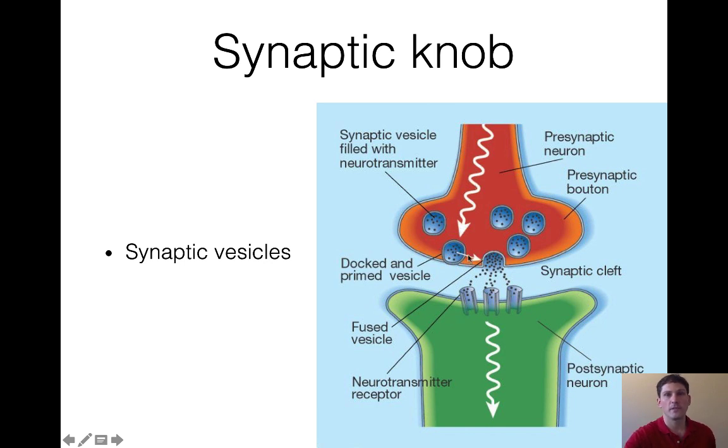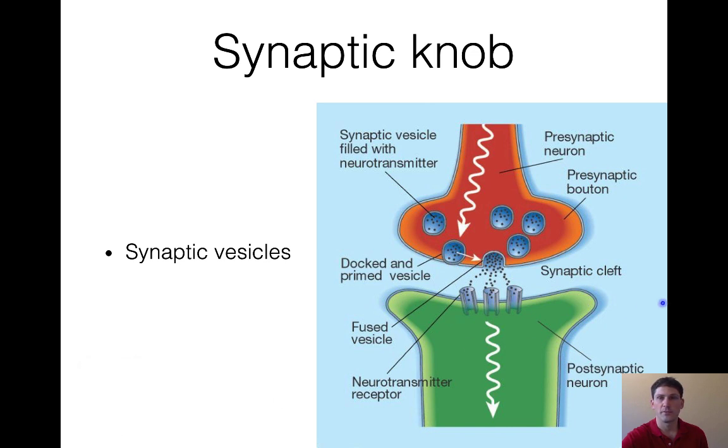That's going to stimulate this vesicle, which is primed and ready to go, and it's going to fuse and release the neurotransmitters. They're going to bind to our receptors, and the receptors are going to maybe open, which allows ions to pass through, and that's going to have either an excitatory or an inhibitory effect on our postsynaptic neuron.